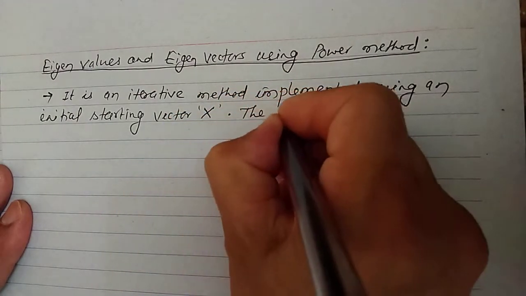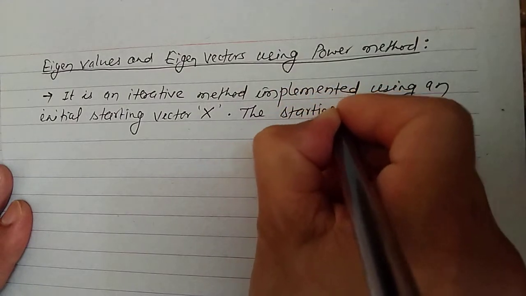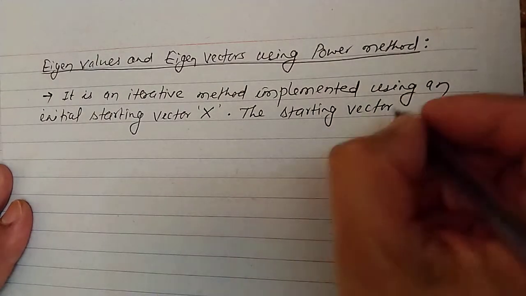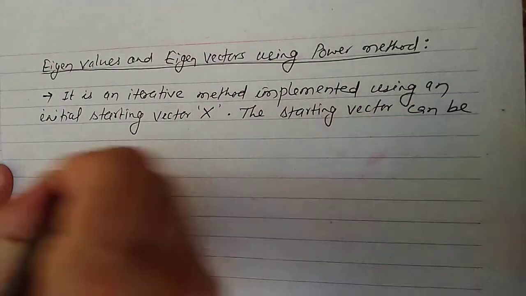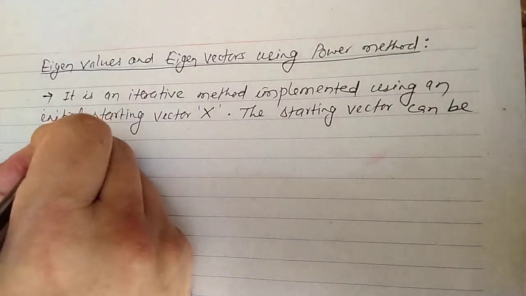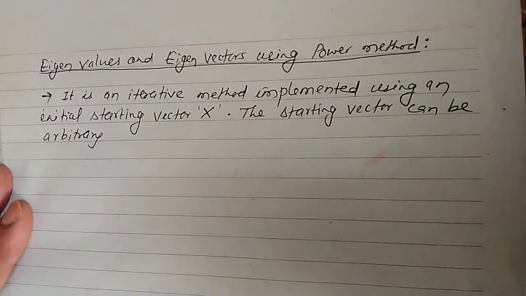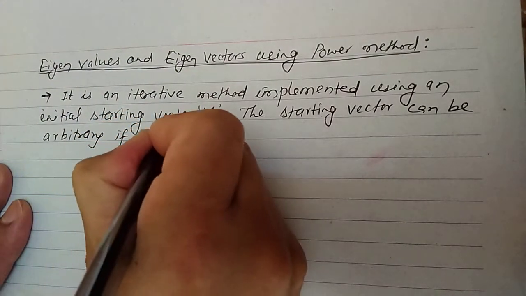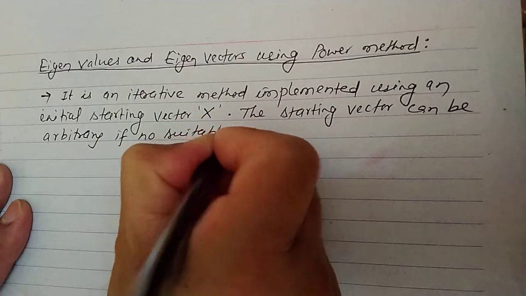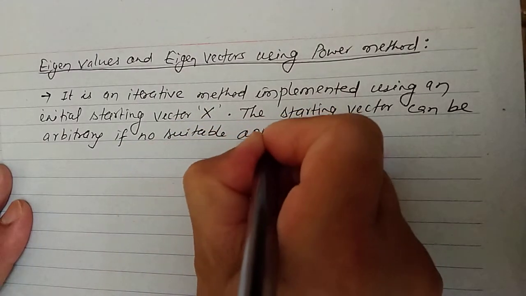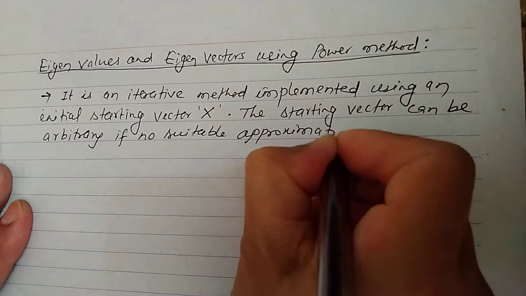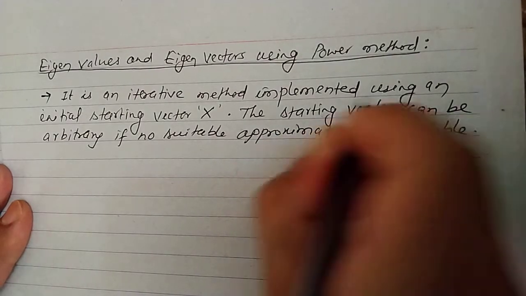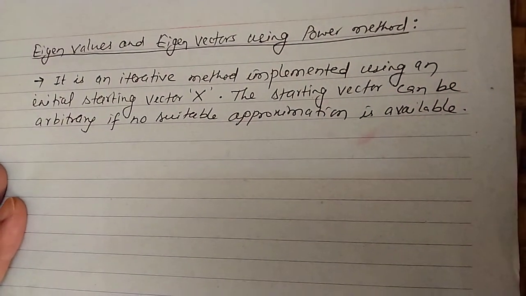The starting vector can be arbitrary if no suitable approximation is available. Okay, so write down this.